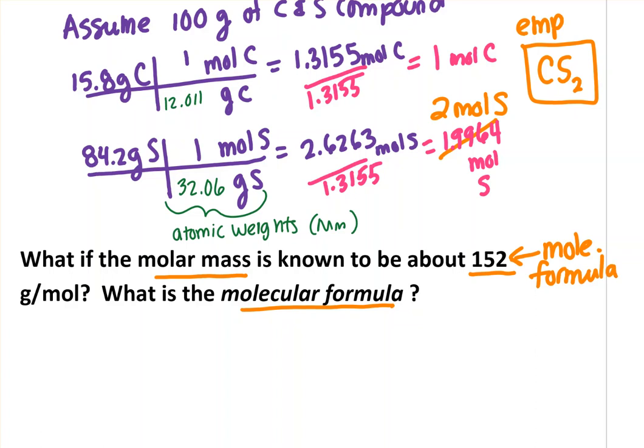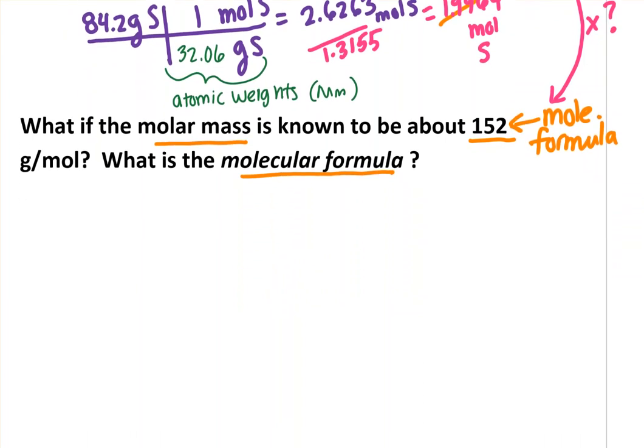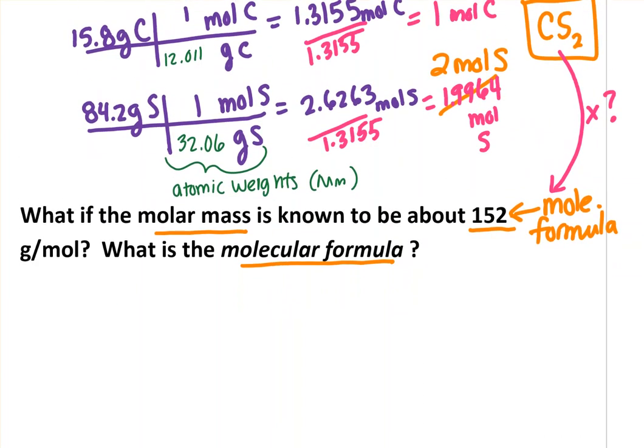And so what we have to ask ourselves is, we'll take this empirical formula and multiply it by some factor to get up to this molecular formula. And so what we'll do, first we'll calculate the molar mass of the empirical, which was CS2.